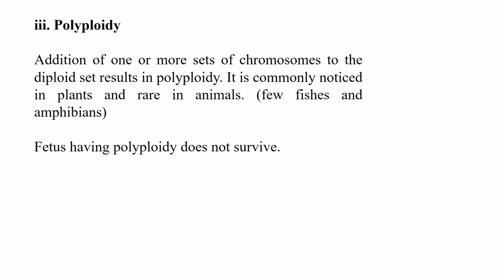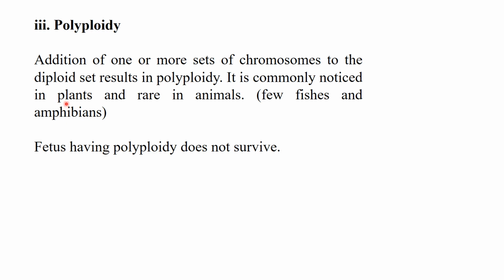Polyploidy. Poly means many and ploidy means fold. When sets of chromosomes increase from many towards manifold, that is called polyploidy. When there are more than two sets of chromosomes, the condition is called polyploidy. Addition of one or more sets of chromosomes to the diploid set results in polyploidy.